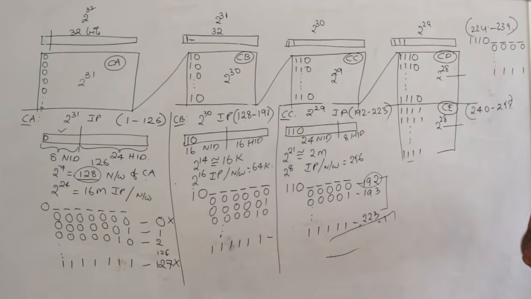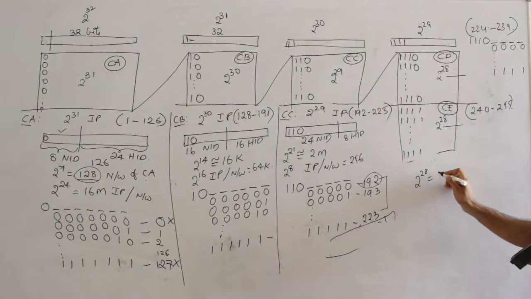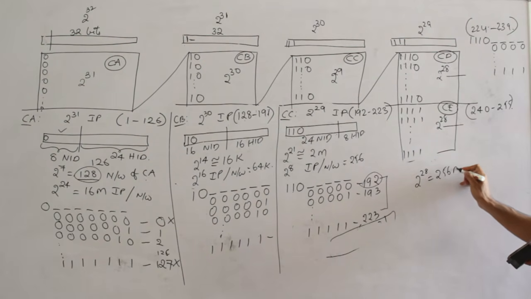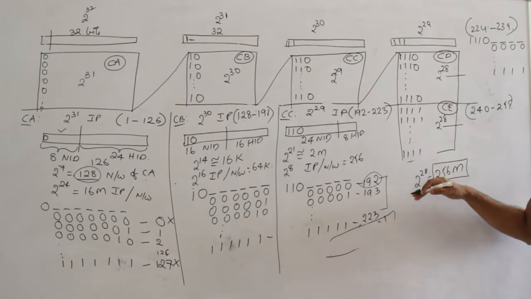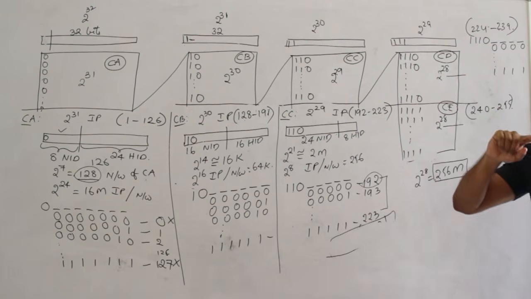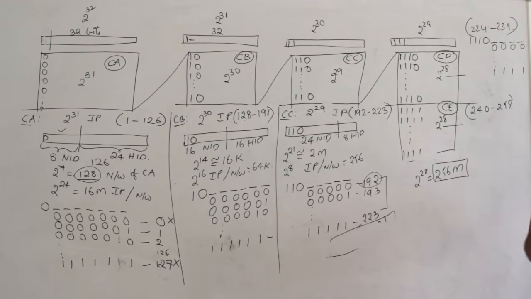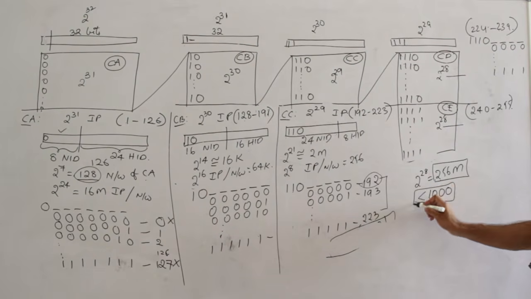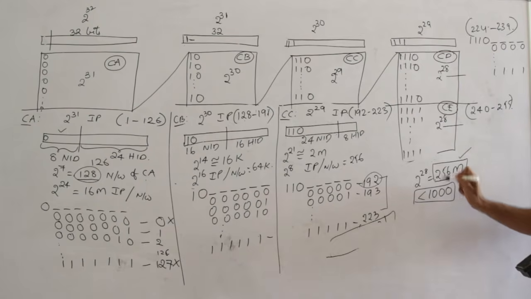The reason is 2 power 28. What is 2 power 28? Nearly 256 million. 256 million IP addresses have been reserved for multicasting, thinking that we are going to use these 256 million groups. But even today, from the 1980s to this day, we have less than 1000 groups, which means we are using less than 1000 numbers of these 256 million addresses which are reserved.